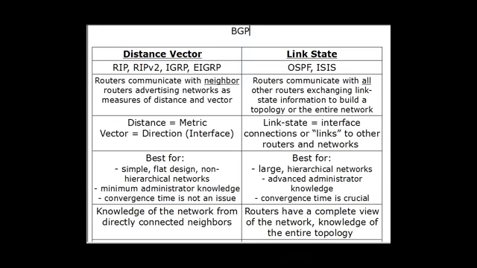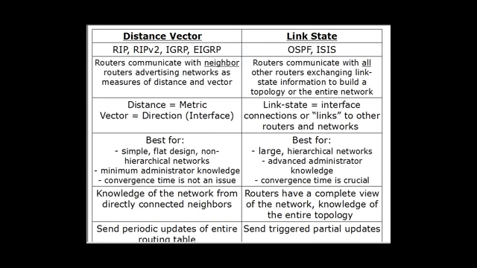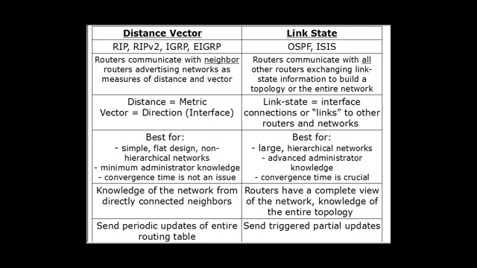We're talking about two types, distance vector and link state protocols. Distance vector protocols are protocols such as RIP, RIP version 2, IGRP, and EIGRP. IGRP and EIGRP are both Cisco proprietary protocols written by Cisco.